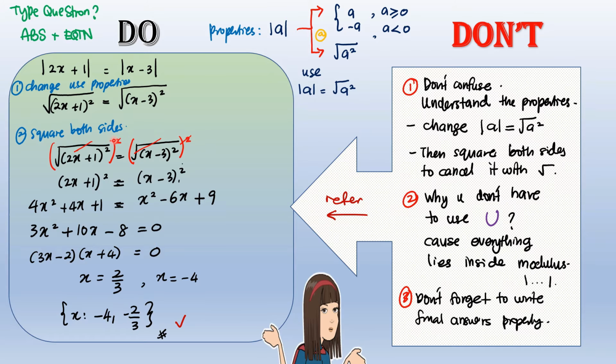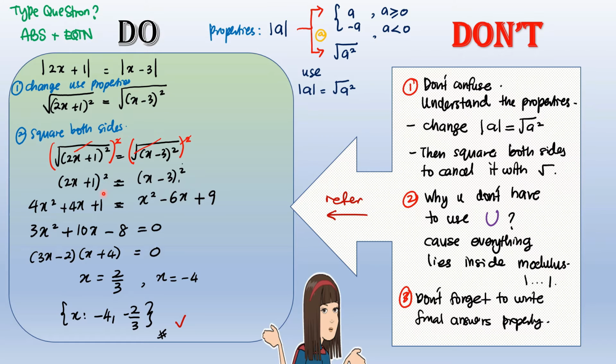Alright, to cancel the root on both sides. You can't just use this square. It's wrong. If you cancel on this, that means that you change the equation. Okay, so here you need to add another square on both sides, and then we cancel the root with the new square, and then you get this form.